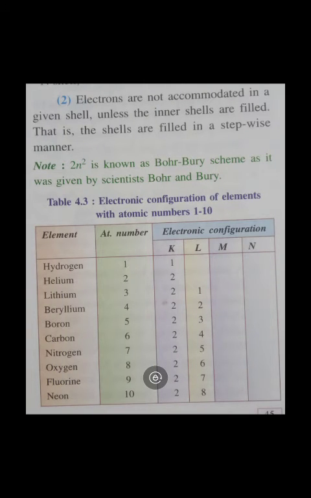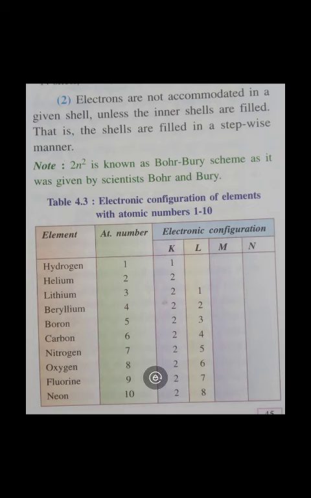Now, second rule: electrons are not accommodated in a given shell unless the inner shells are filled. You can't do this. Suppose you are sitting in a class, right? The first row can accommodate 2 children, the second row can accommodate 8 children.